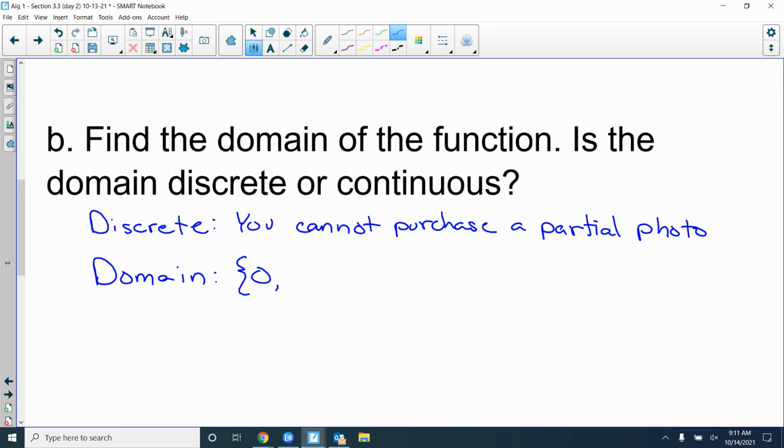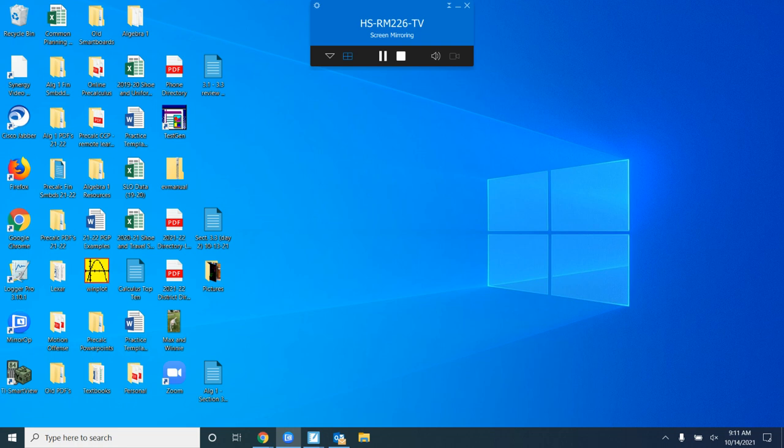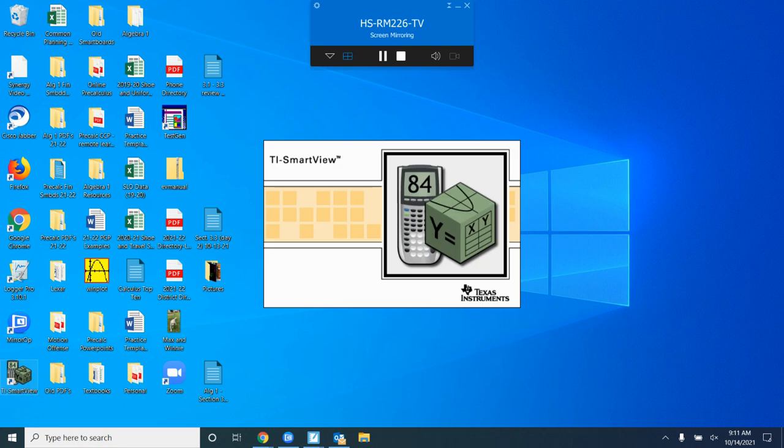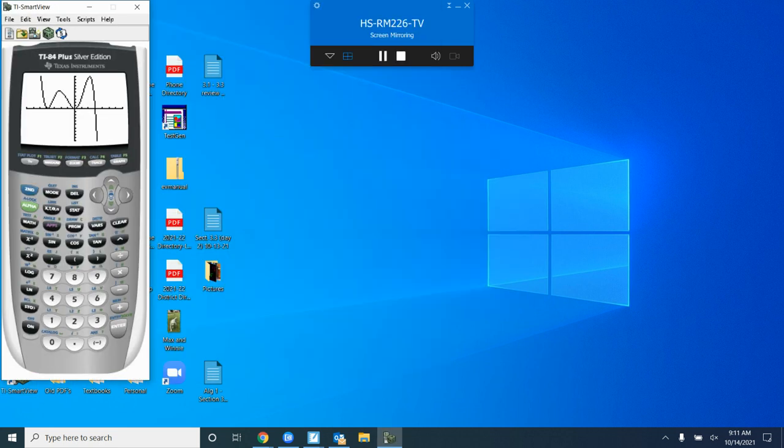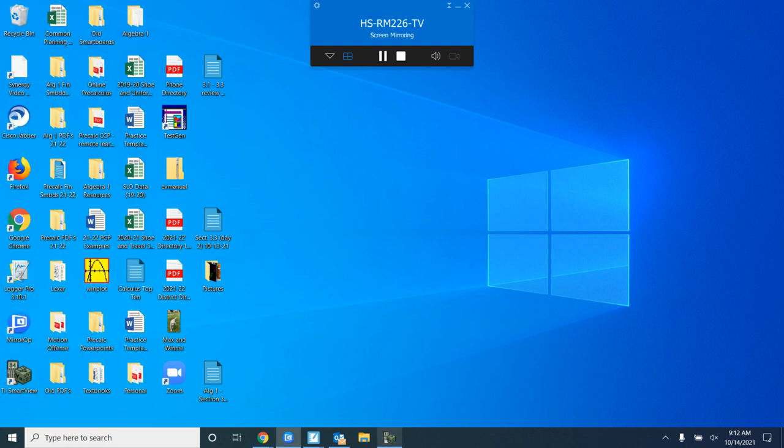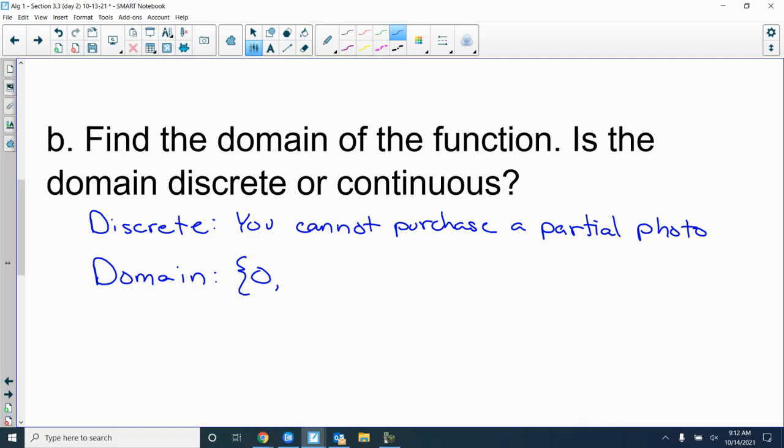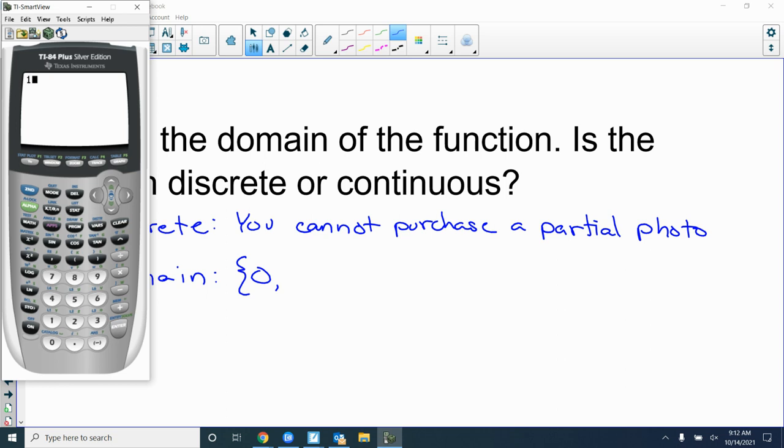1.44. So I got to get my calculator out. Okay, so if we buy one photograph, how much money do I have left? 10 minus 1.44, we're going to have 8.56.